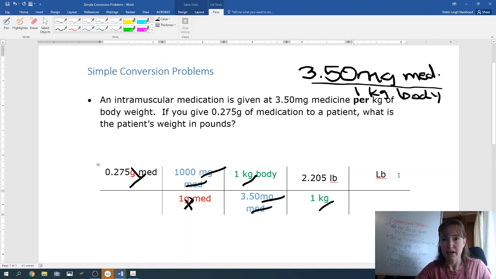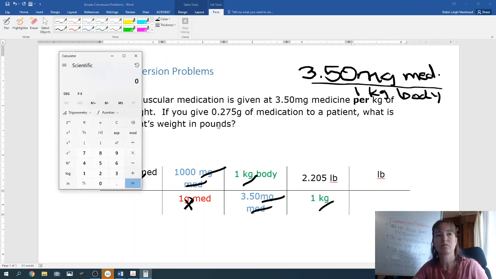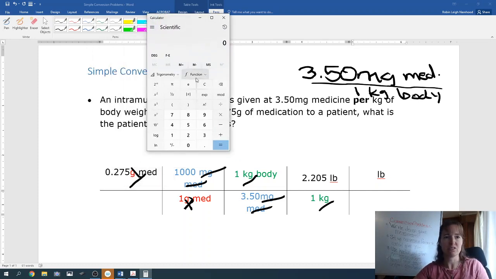So you want to take a calculator and you want to use the calculator to do the math that you have just outlined.